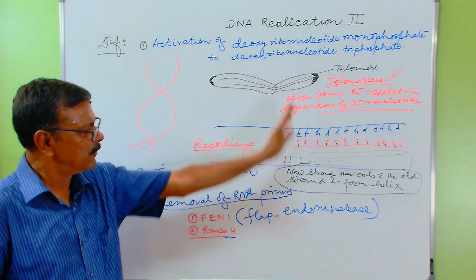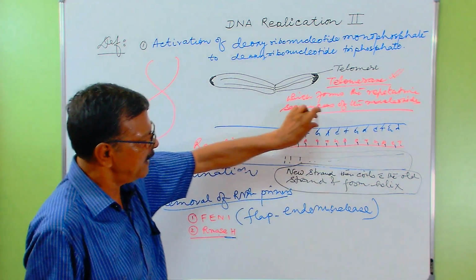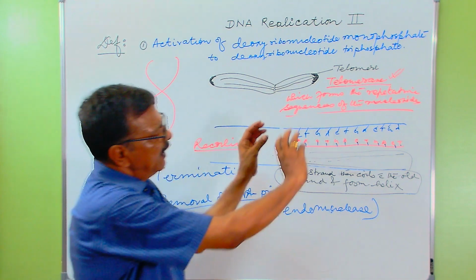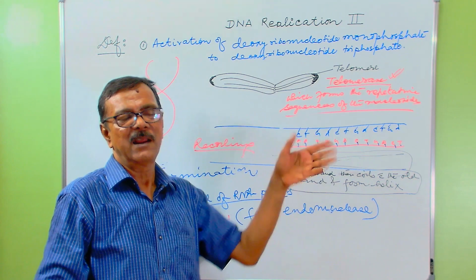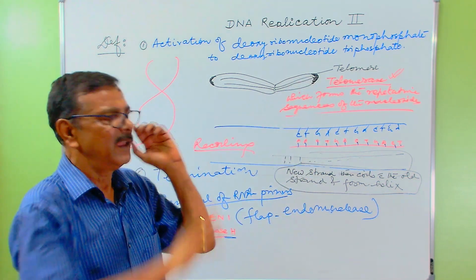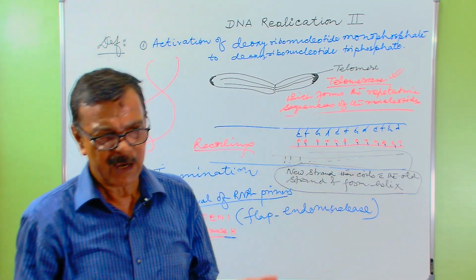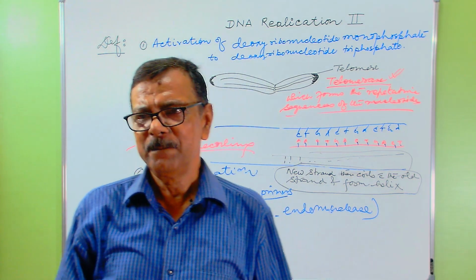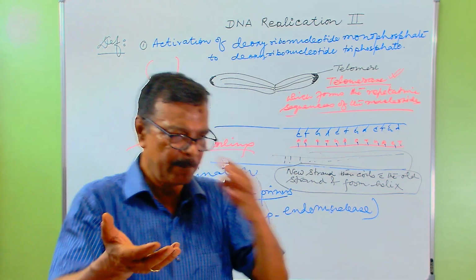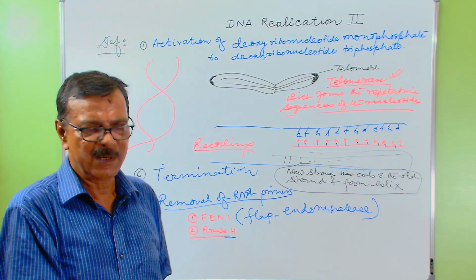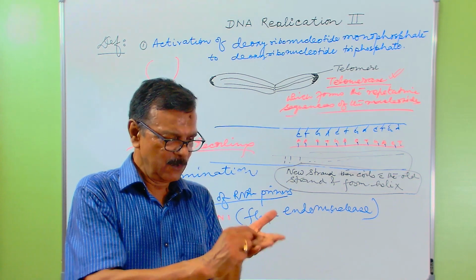So we have come to the conclusion that DNA replication takes place. This is the DNA replication, and we have recoiled it. Now it is over. The RNA primer has been thrown out. Recoiling is over. In an office, some contractor comes and does the work, and after completion the nucleus will sign.